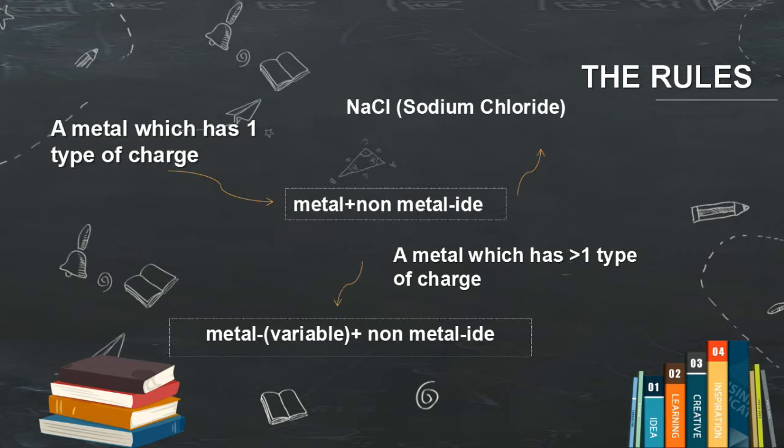The charge of the metal ion is determined from the formula of the compound and the charge of the anion. For example, iron 3 chloride.